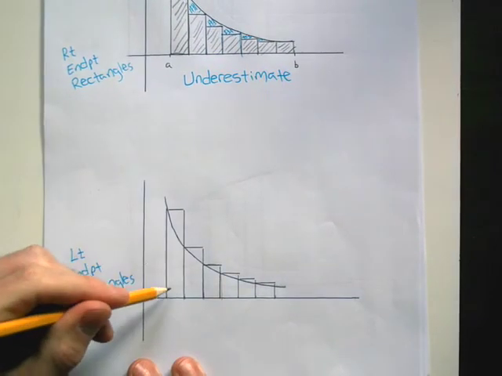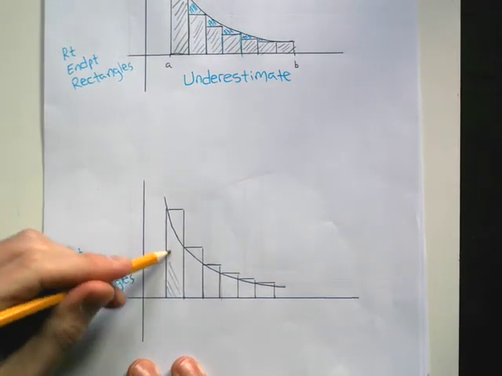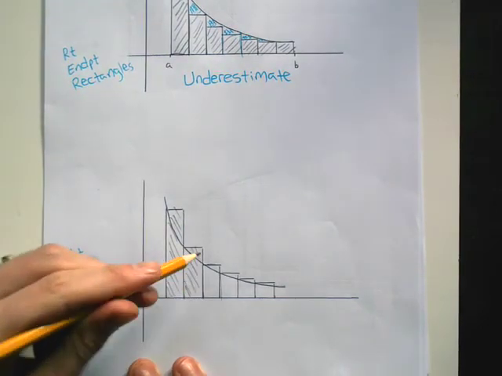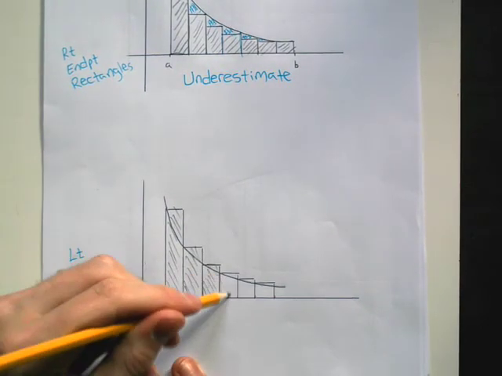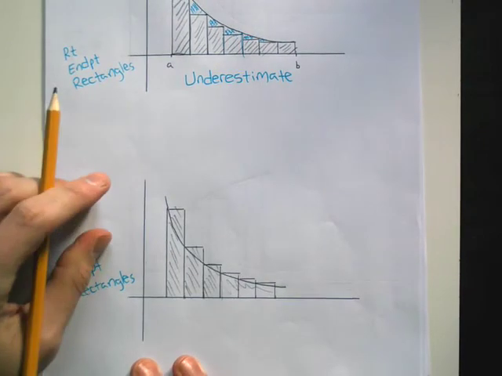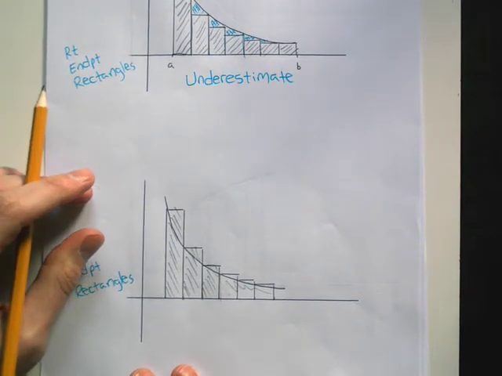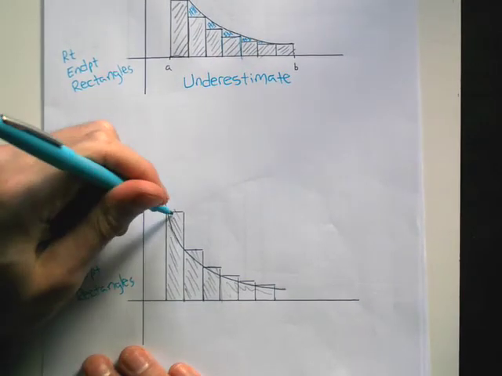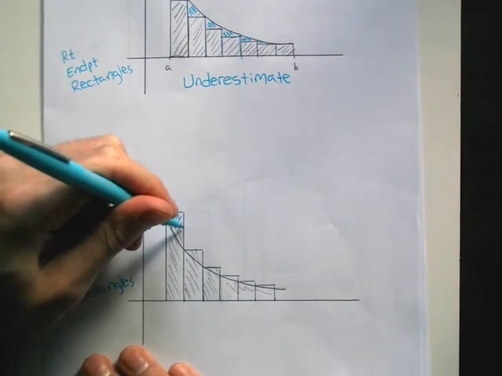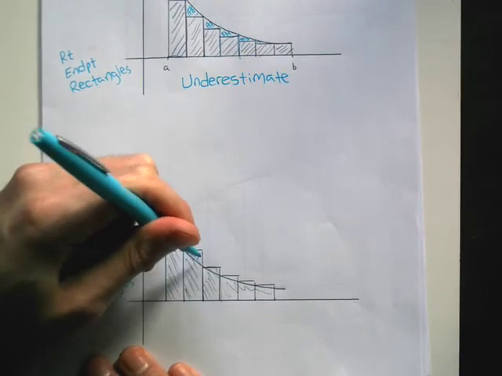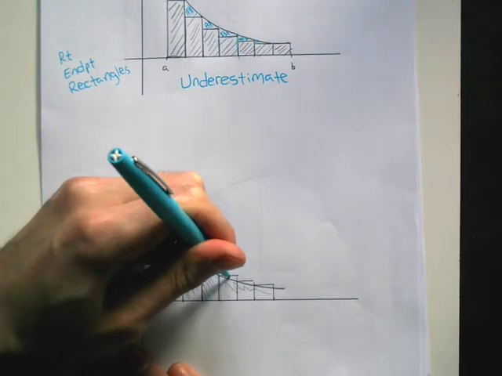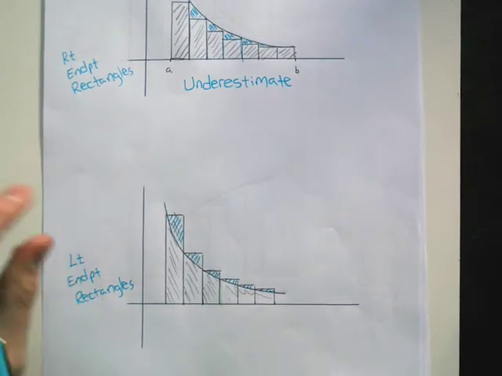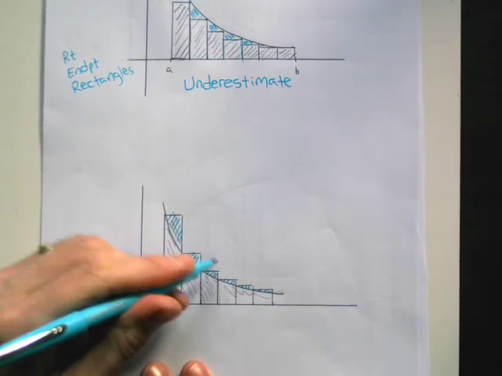So if I were to take the area of this rectangle, add it to the area of this rectangle, and so on and so forth, it would give me an approximate area underneath the curve. However, as you've probably noticed, these areas right here are all overestimates, because that's not under the curve, that's over the curve.